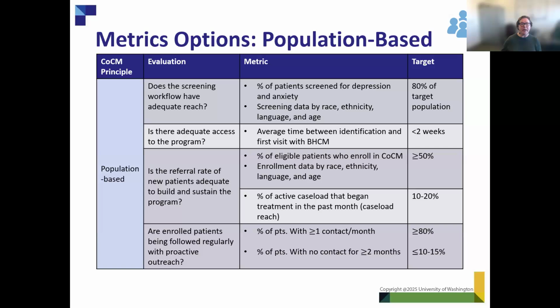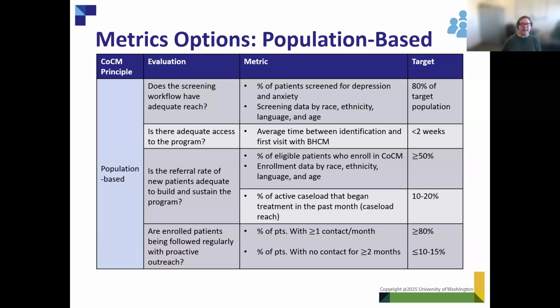So, as part of developing a collaborative care program vision, the healthcare organization identifies their focus population. And one of the things that they may want to measure is how well they're reaching that population with screening so they can identify who needs care and get them enrolled in treatment.